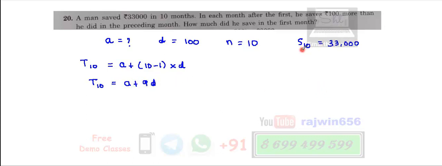In the same way we are going to apply the formula for S10, which is N by 2 times 2A plus N minus 1 into D. S10 over here is 33,000.